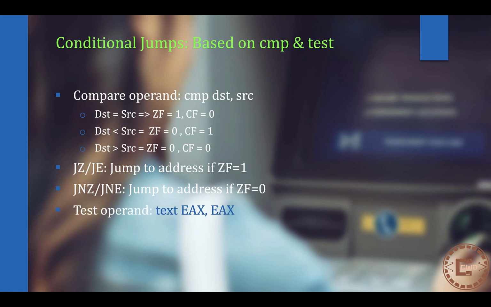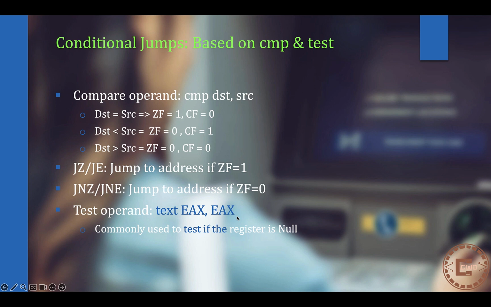Test operand. This is another very common one, guys, that you're going to see a lot in assembly. Test is basically telling you whether this register is null. For example, normally you will see test EAX, EAX, or test ECX, ECX, always the same register, so that you can check if it is null.